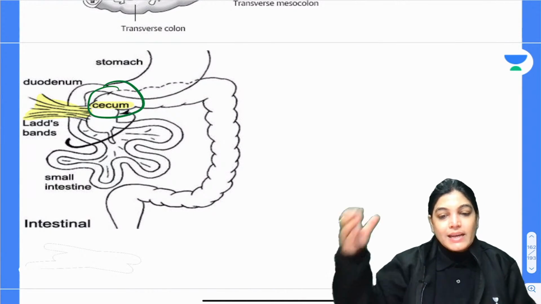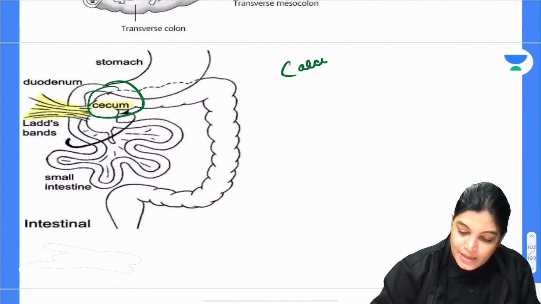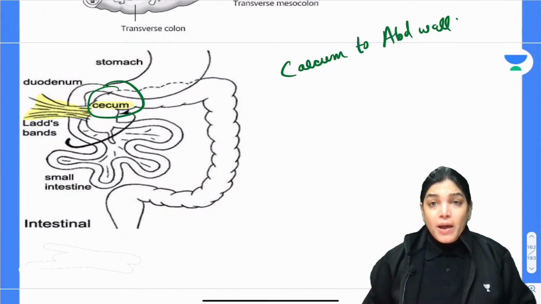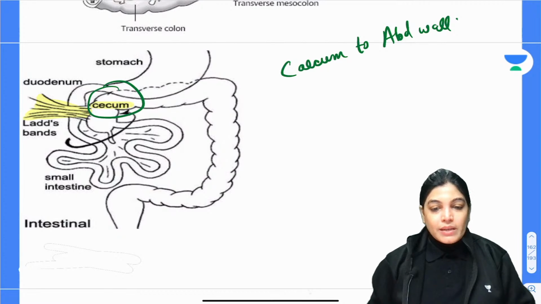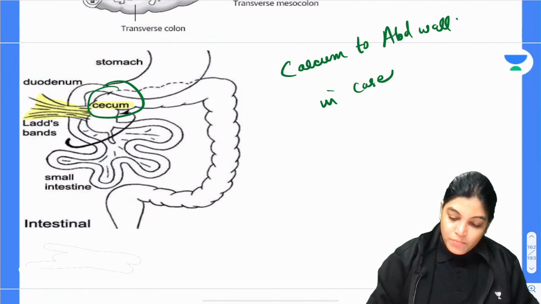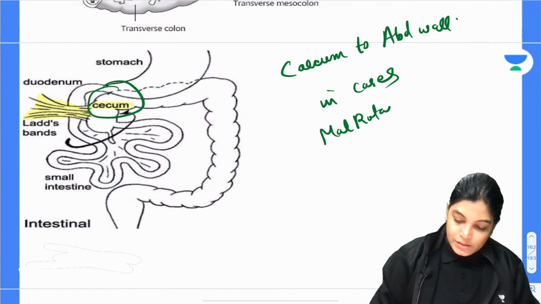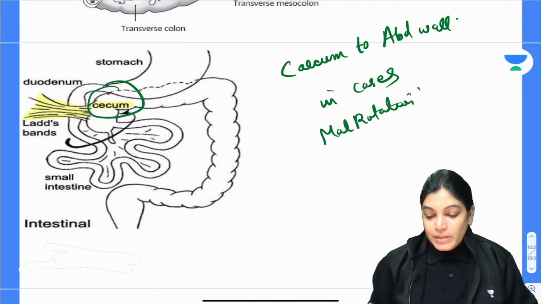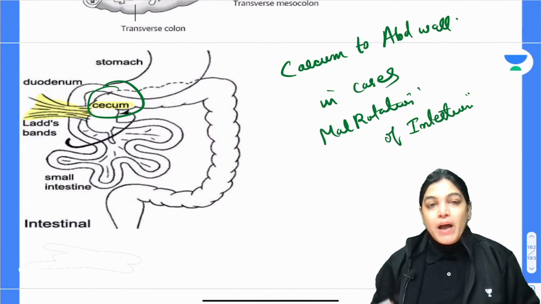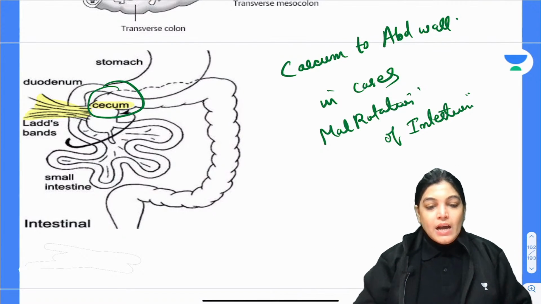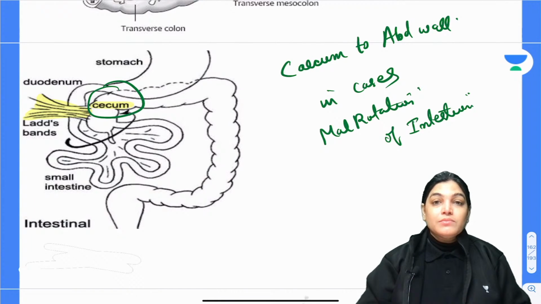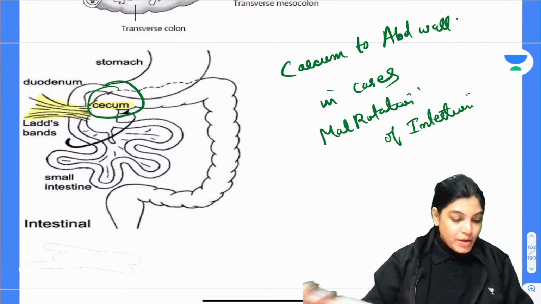So, Ladd's band is connecting the cecum to the abdominal wall and can obstruct the duodenum in cases of malrotation of the intestine. These bands have to be surgically resected, and they are not used as an important junction or landmark for the DJ junction. Okay, so we are done with this.